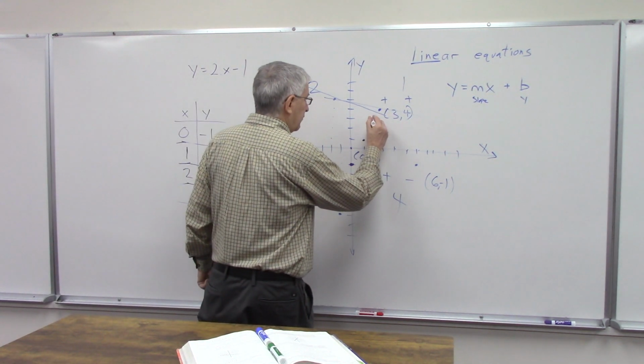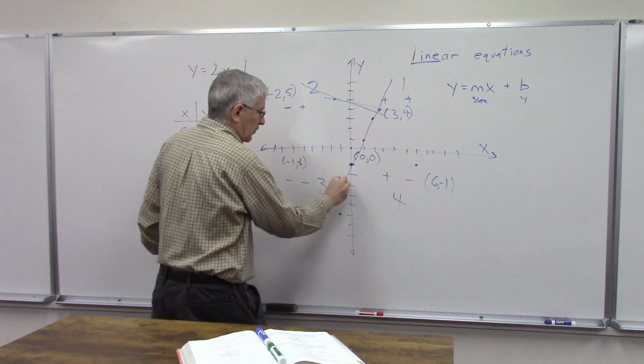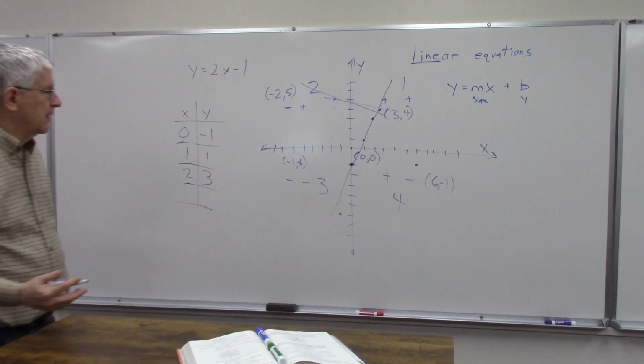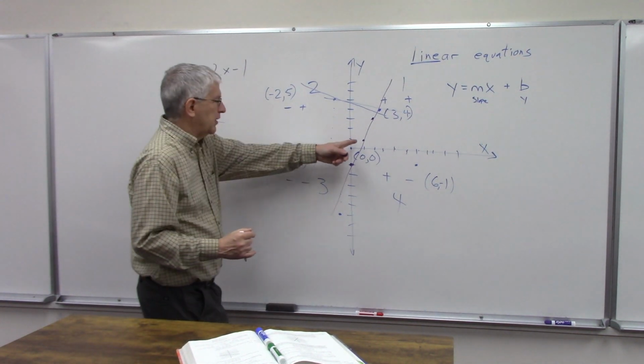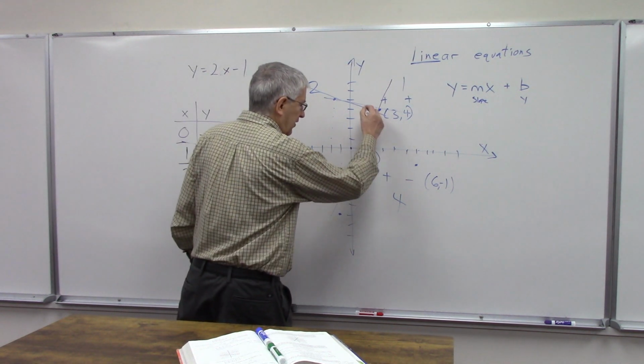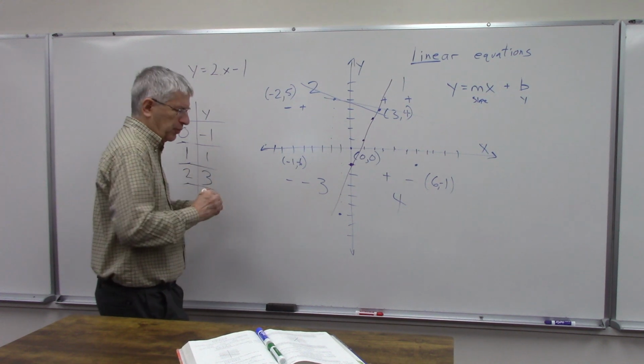If we had a yardstick, we would connect those and they make a straight line. If you made a wrong calculation and had a point out here, you'd say, whoa, which one is right? So it's good to do 3 points.